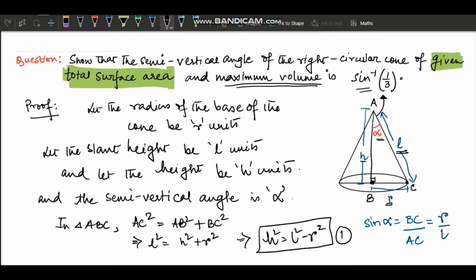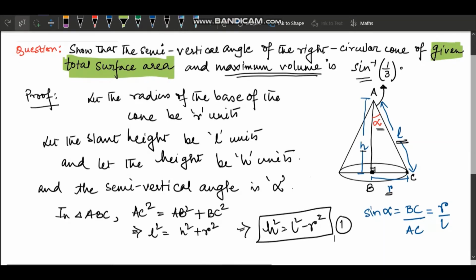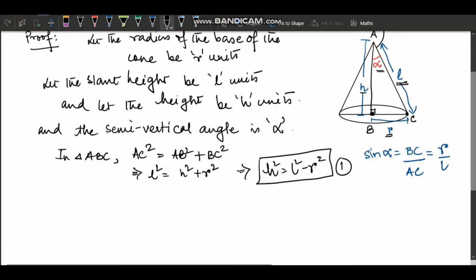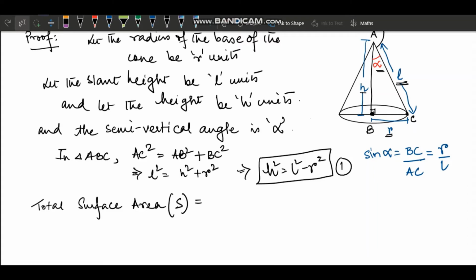1. Now what are the expressions for total surface area of a cone and the volume of the cone? Total surface area, let me denote this by S, is given by curved surface area, that is pi r L, plus the area of the base, which is pi r square.